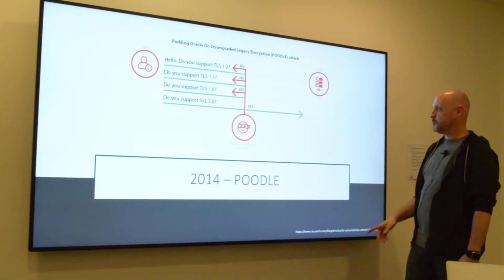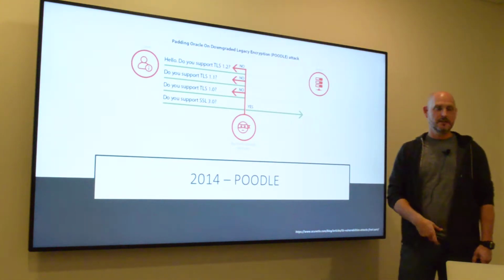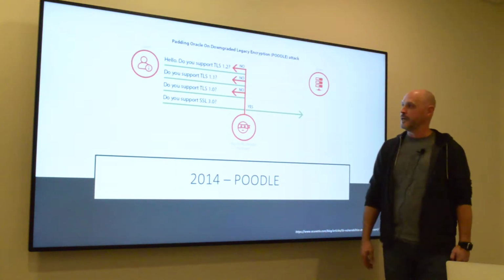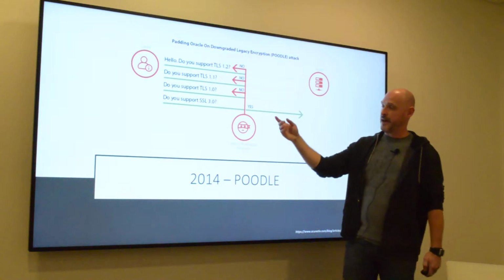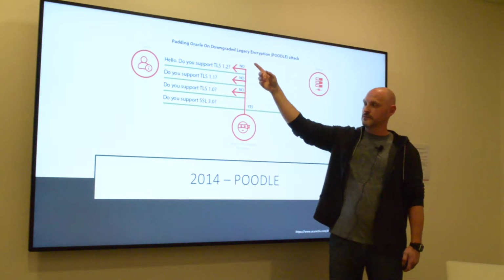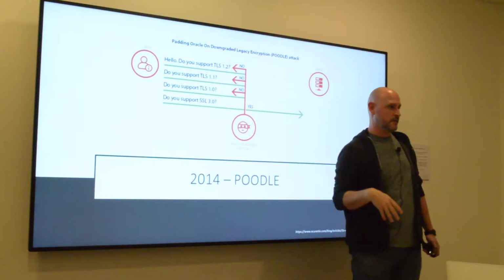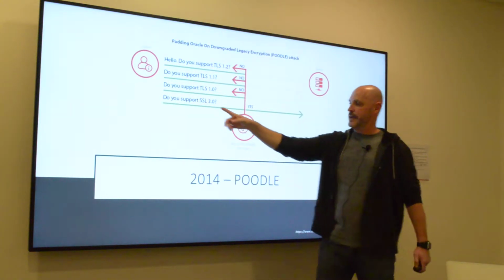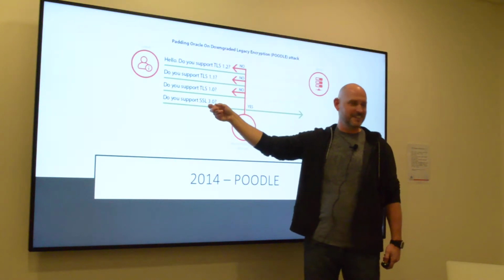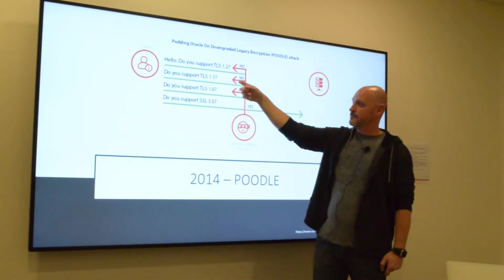The next one is Poodle, which is an interesting one. Again, this is a man-in-the-middle attack. If you're able to inject yourself in there, there's a lot of things that you could do. Remember we talked about the fact that in the older versions of TLS, you can downgrade to SSL. Since we know SSL is an insecure protocol version, the man-in-the-middle would intercept the request asking, do you support this?